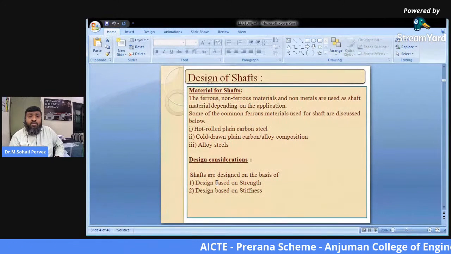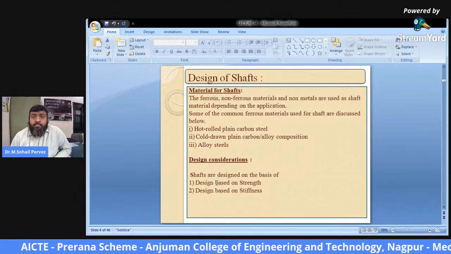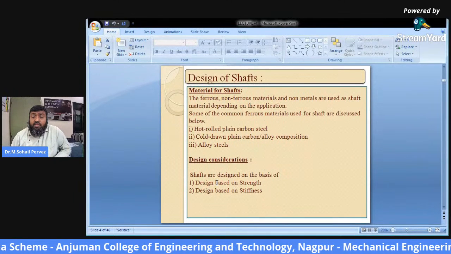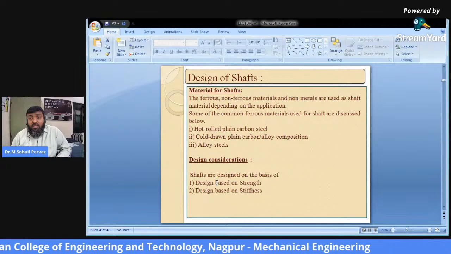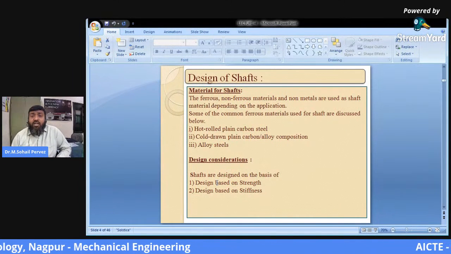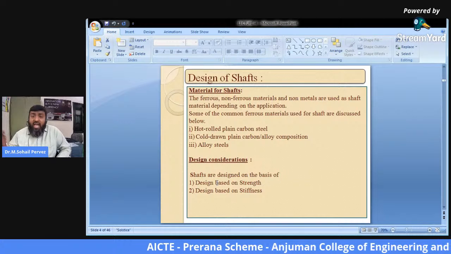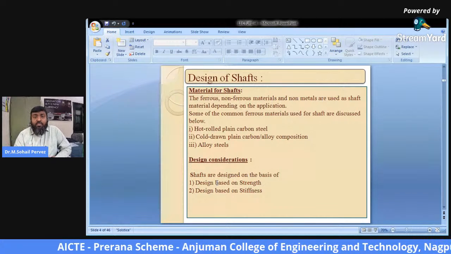Combined twisting and bending: take the cranks of our bicycles. There may also be chances that a shaft assembly is subjected to torque, bending moment and axial thrust.